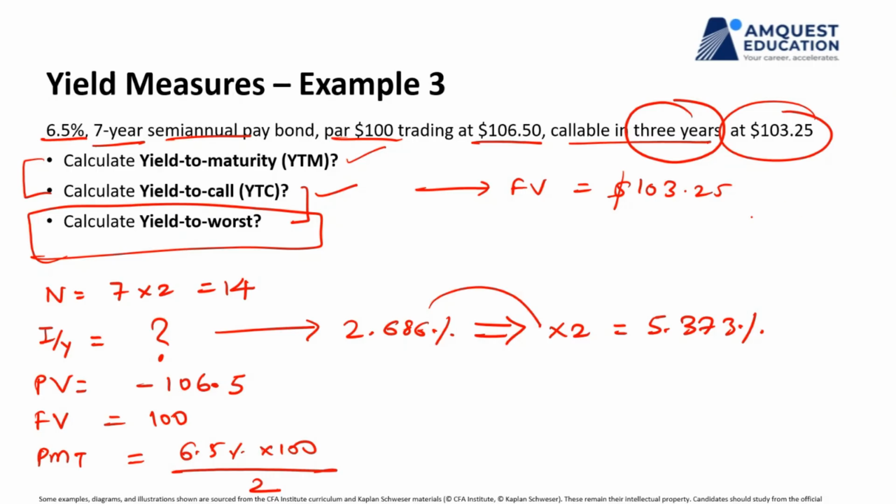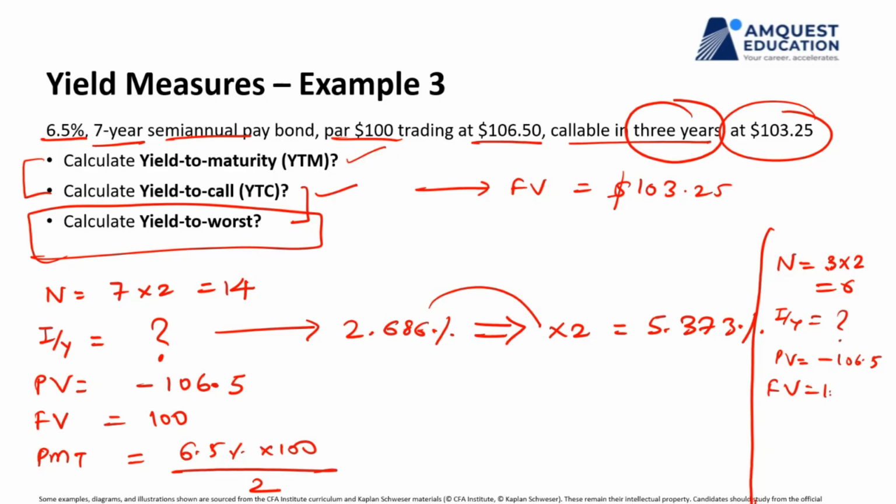Okay, so for yield to call, the changes would be N will become 3 into 2, 6 periods. Because after 3 years, if the bond is called, the bond is dead. The bond is no more alive in the market. Okay, I by Y, obviously we have to calculate. Present value will be still the same, 106.5.